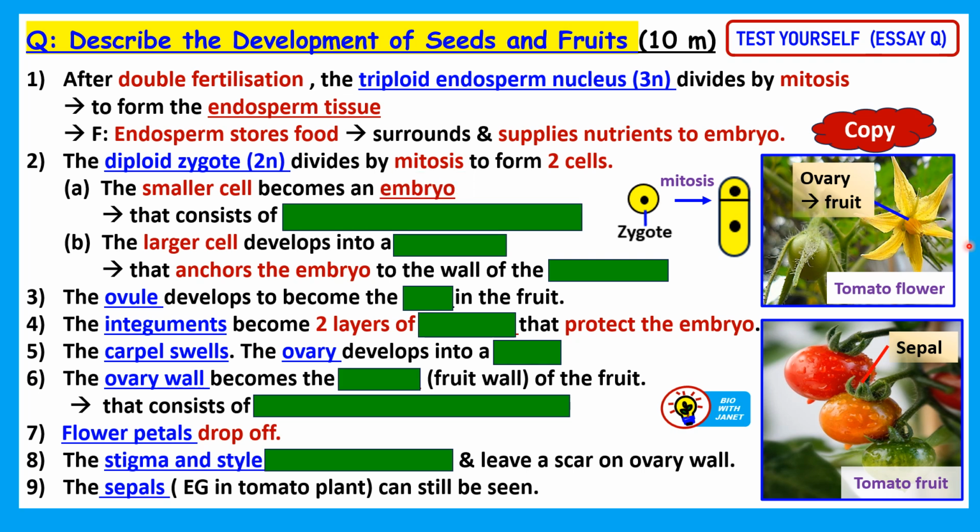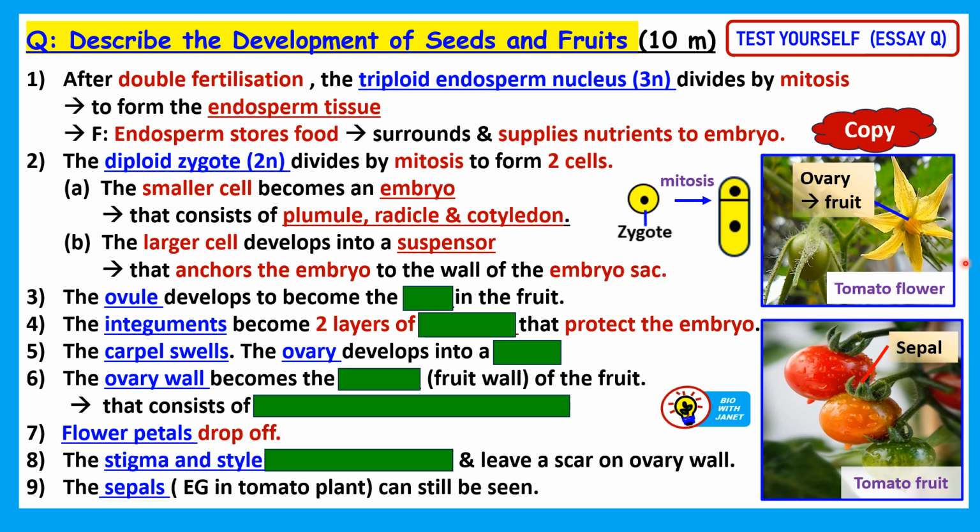Yes, embryo. That consists of three parts. What are the three parts of the embryo? Plumule, radicle, and cotyledon. Then the larger cell below here, which is the basal cell, develops into a suspensor that anchors the embryo to the wall of the embryo sac, where the zygote is found. So that's the function of the suspensor, to anchor the embryo to the wall of the embryo sac.